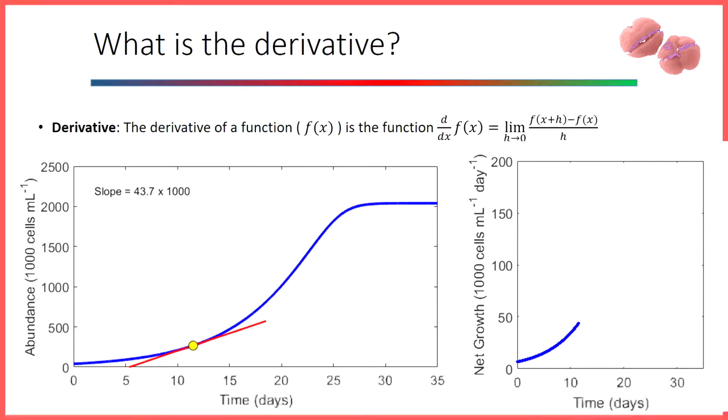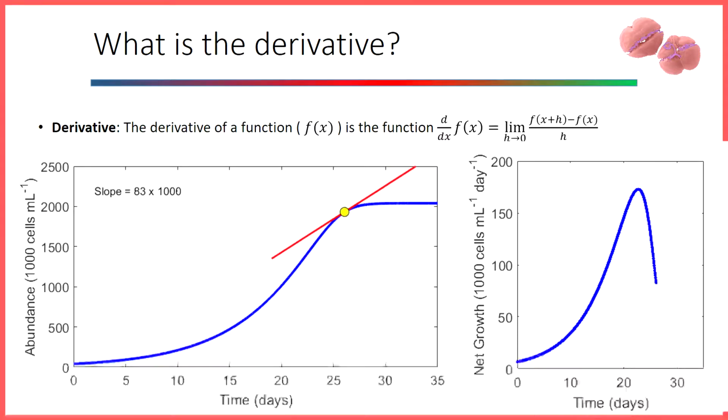So basically, if we pick any point on our function, which I'm illustrating here with that moving yellow point, we basically draw a line that nestles up against our function, going through that yellow point, and with a slope that is equal to the slope of the function right at that point. So if we watch this animation play through, we see that as that red line becomes steep, the population is increasing rapidly, and our net growth rate, which equals our derivative, is higher on the graph on the right.